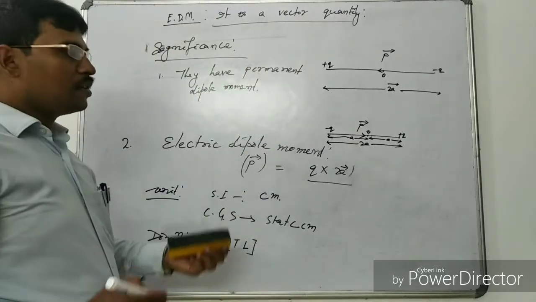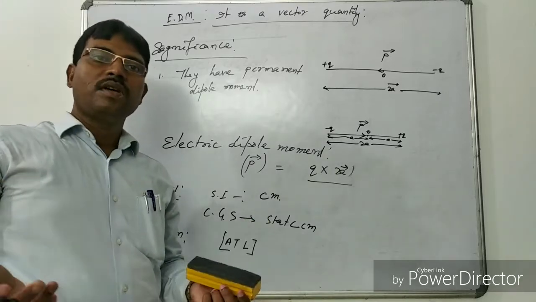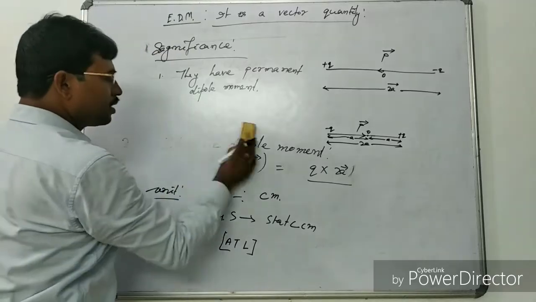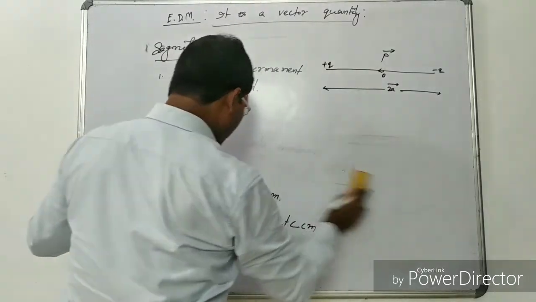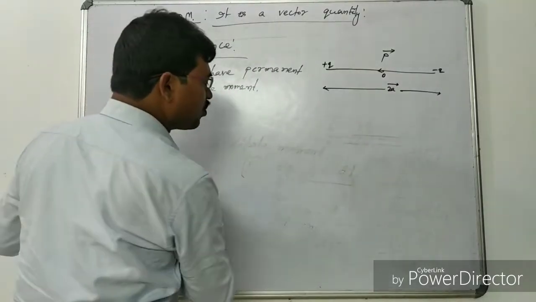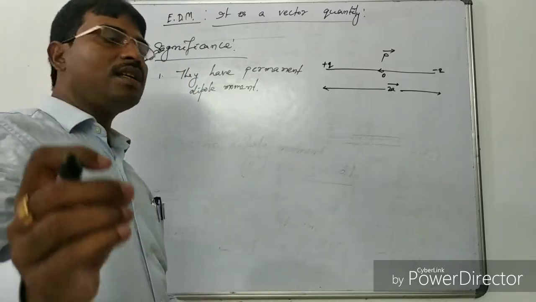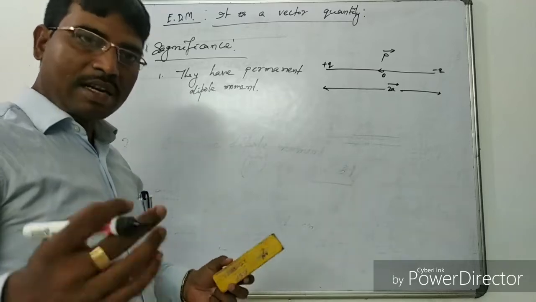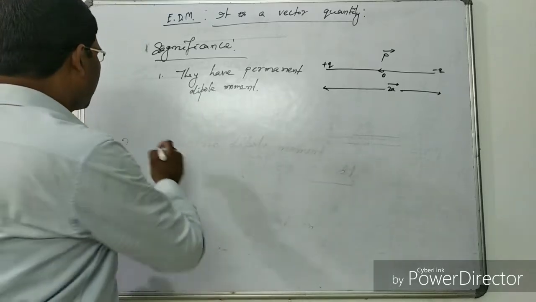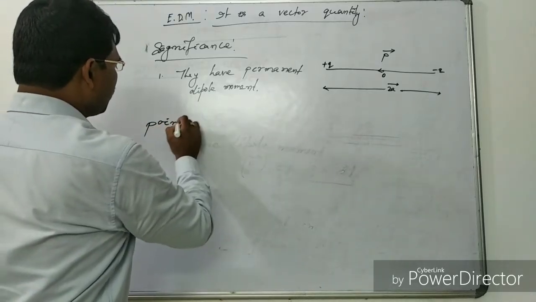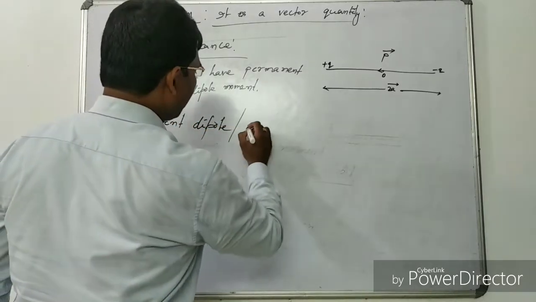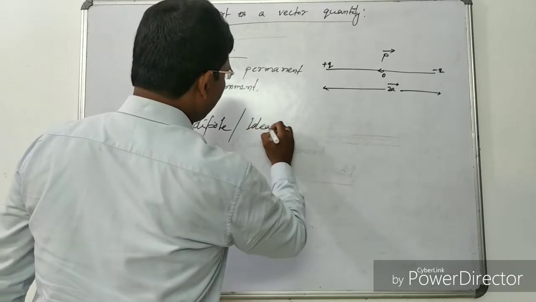Besides that, one is the ideal dipole. An ideal dipole is known as a point dipole. How can you define it? An ideal dipole or point dipole is a dipole having almost no size. It has only a location. Dipoles associated with atoms or molecules are known as point dipoles.